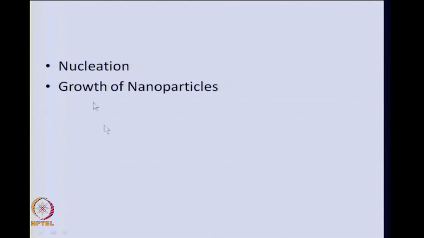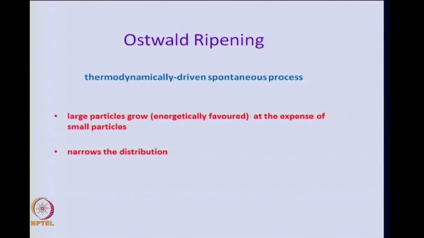After the particle nucleates, that is the nucleation stage, then there is a growth of the nanoparticles. Now, the growth of the nanoparticles typically follows what is called the Ostwald ripening rule. It is a thermodynamically driven spontaneous process where large particles grow, which are energetically favored, at the expense of small particles.